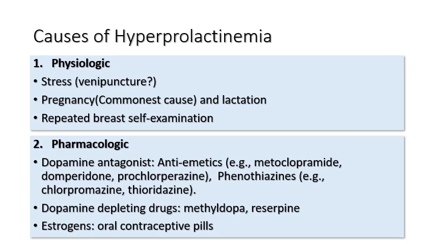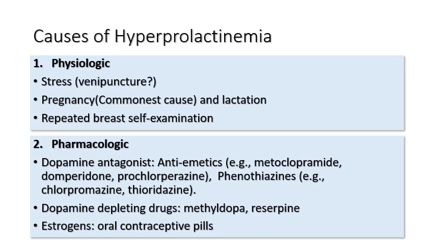So interruption or defect in dopamine function at the level of the hypothalamus is due to dopamine antagonists, for example, antiemetics like metoclopramide, domperidone, prochlorperazine, and also antipsychotics like phenothiazine, chlorpromazine, and thioridazine.